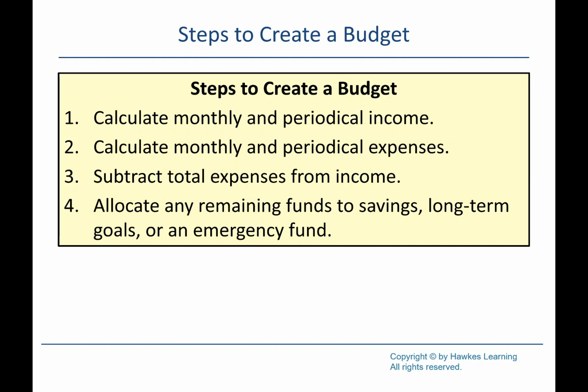And then the last step here, our textbook suggests if you have money left over that's not in your budget, then we put that toward long-term goals or maybe some type of investment or emergency fund. And there's some different philosophies on those things that you can get into on your own.